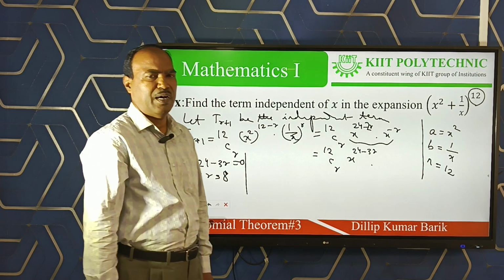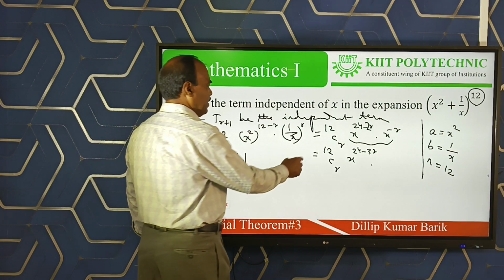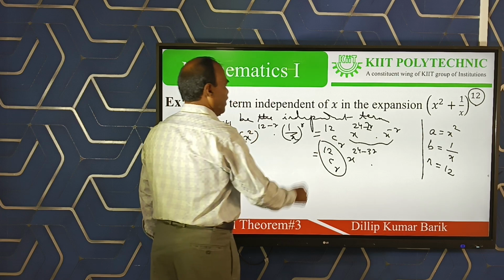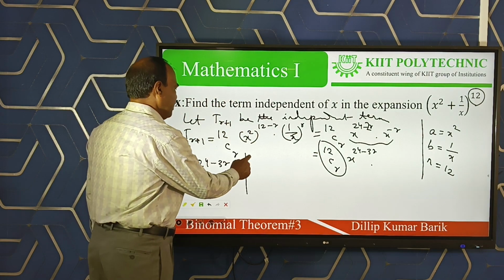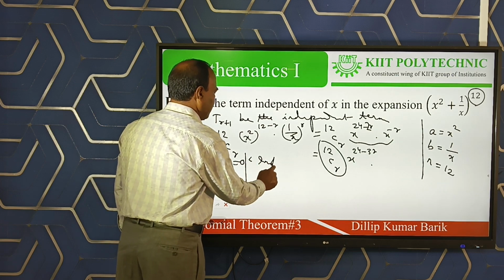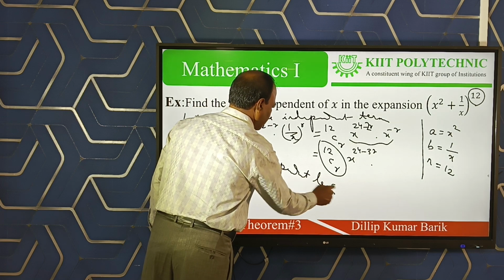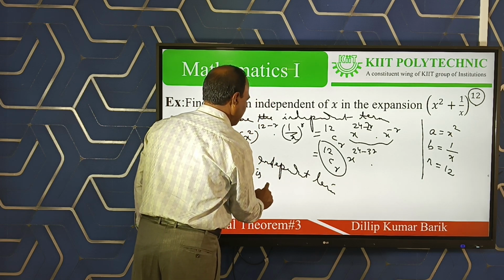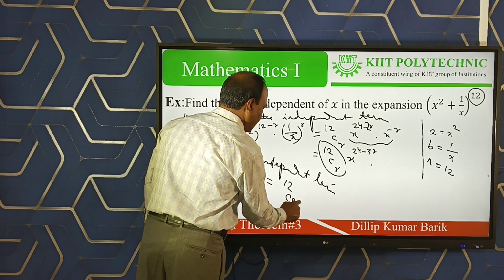Now put the value of r in the t(r+1) expression 12Cr. Therefore the independent term in the expansion is equal to 12C8.